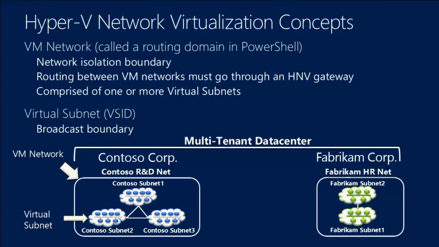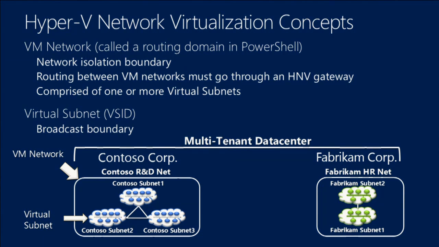If you hear me use these two terms interchangeably in this session, just understand I'm talking about the same thing. The only difference between a VSID and a VLAN is that with VSID we support 16 million VSIDs instead of 4,000 VLANs. The picture probably says it better.